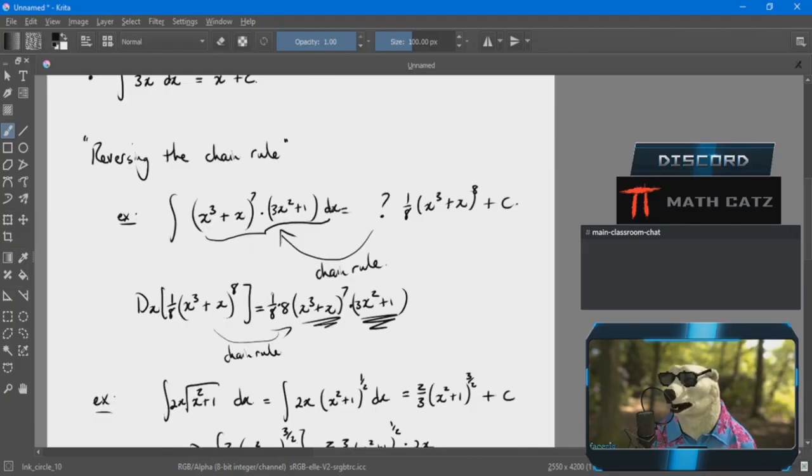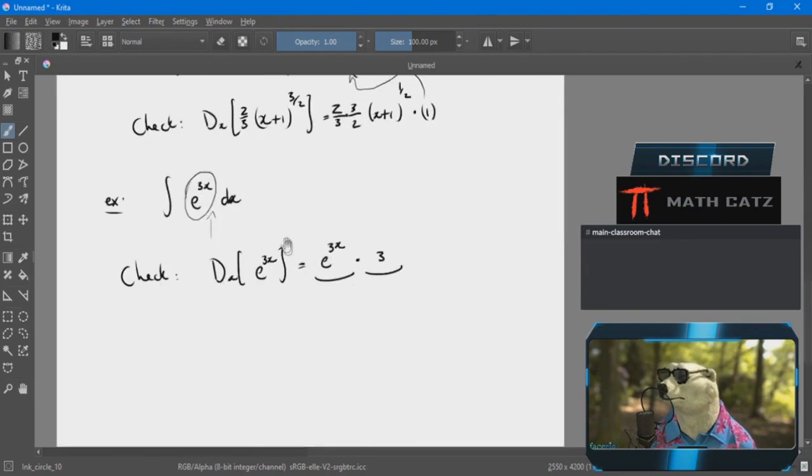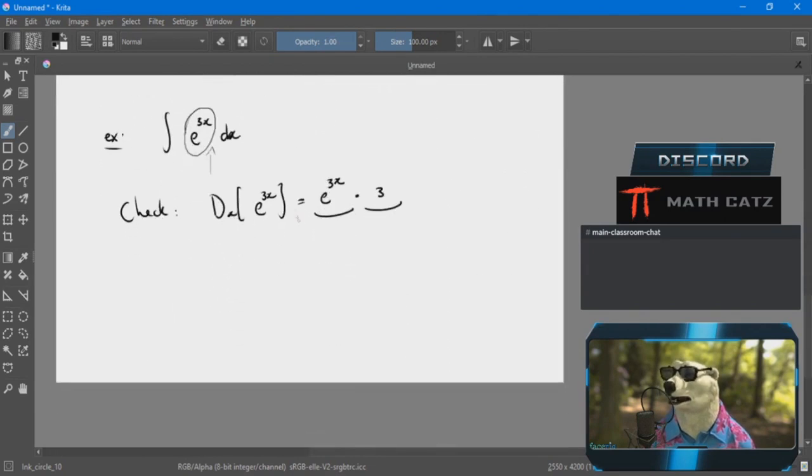Over here, there was a second part of the chain rule that was a 3x squared plus 1. In some way, that has to be there, visible, present in the integral. But in simpler cases, the second part of the chain rule is just a number. And I don't see it there.